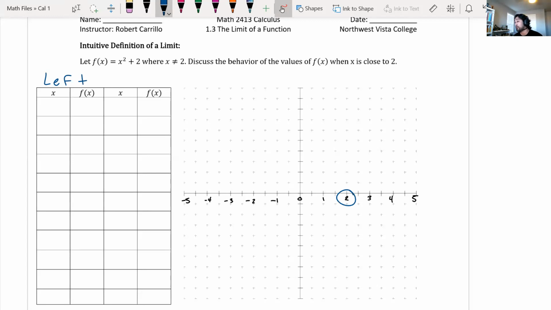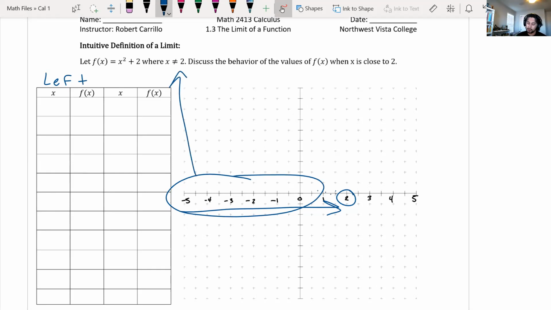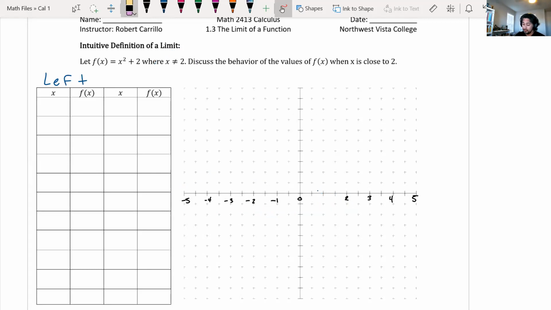This is the number we are approaching, and we are approaching it from the left side, meaning we get to use all these numbers and get extremely close to the value of 2. But based on our domain, can we actually touch 2? No. All right, good.